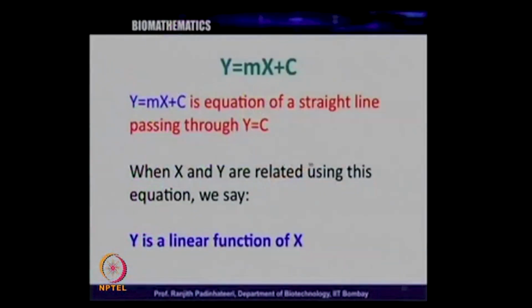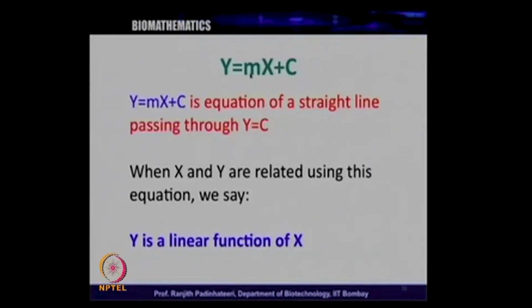Since we understood functions like y equal to x, 2x, 2x plus 4, let us generalize this: y is equal to mx plus c. Let us see the slide here, which says y is equal to mx plus c is the equation of a straight line passing through y equal to c.